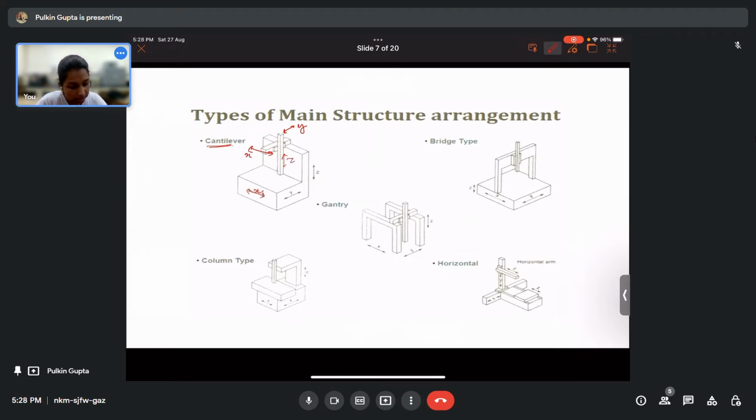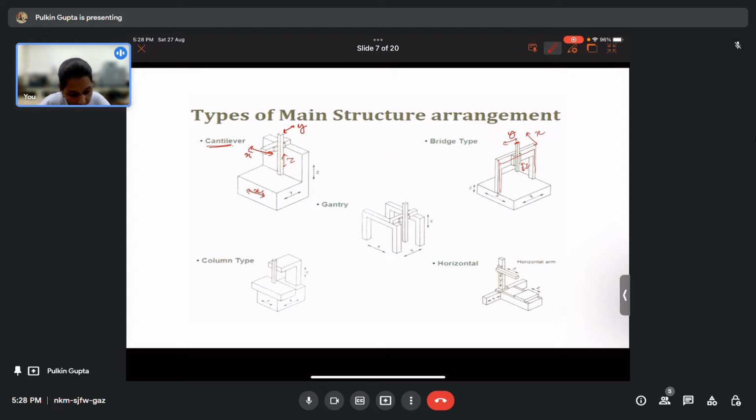Now, the next is your bridge type. So it is in the form of a bridge, you can see. So this is the bridge. Okay, so this entire bridge moves along X. Now this particular bar, this one, moves along Y, and this can move up and down along Z as well.